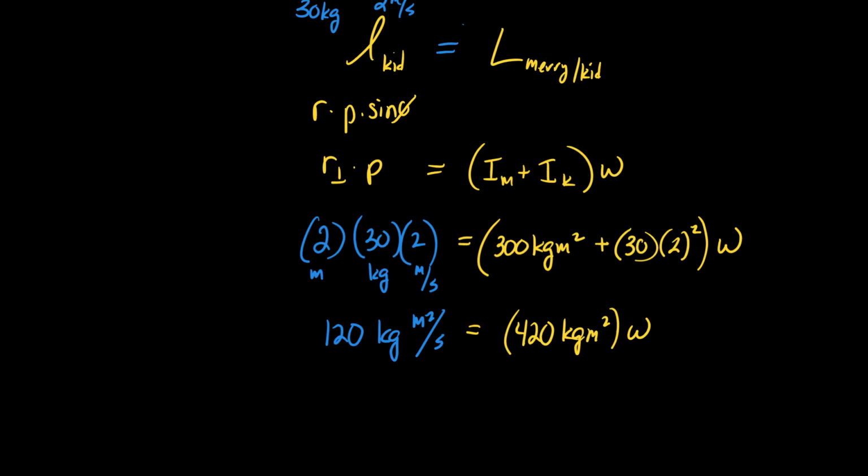The answer's not that big a deal, 120 divided by 420. But pay attention to the units. When I divide this out, I'll get 120 divided by 420, but the kilogram meter squared will cancel out the kilogram meter squared there. So I'm left with units of apparently nothing per second.